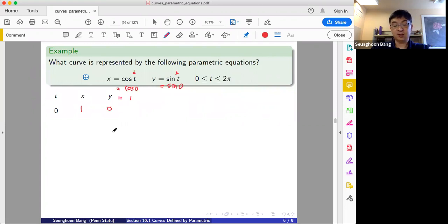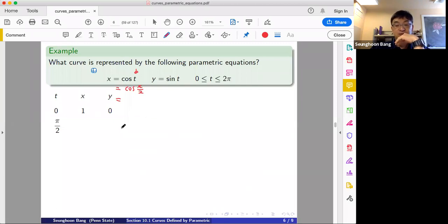Next, you can plug in pi over 2. What is cosine of pi over 2? Could you write your answer on the chat board?